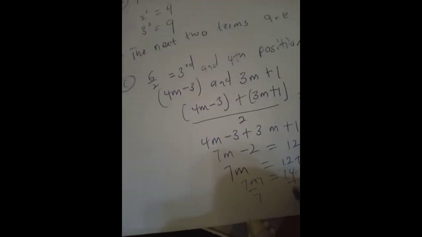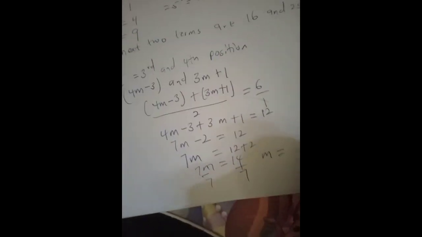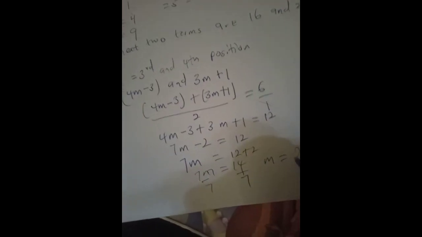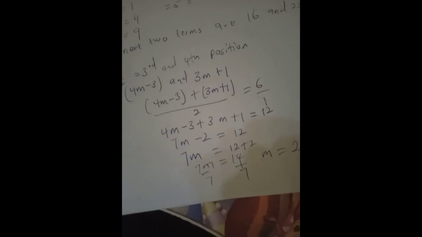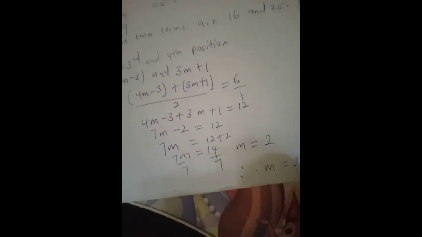Divide by 7 on both sides. Your m is equal to 2. So therefore, m is equal to 2.